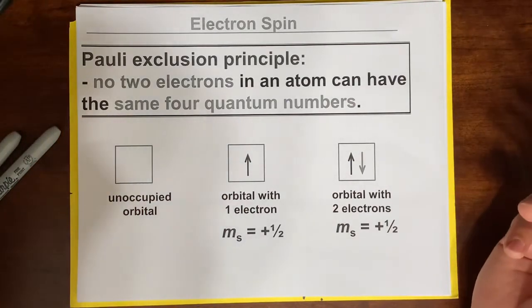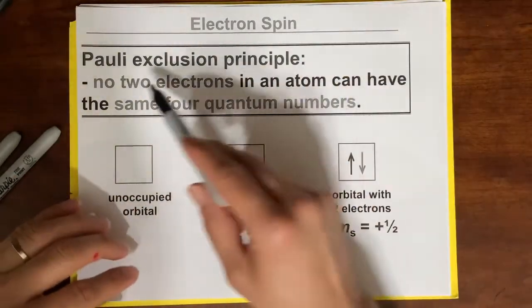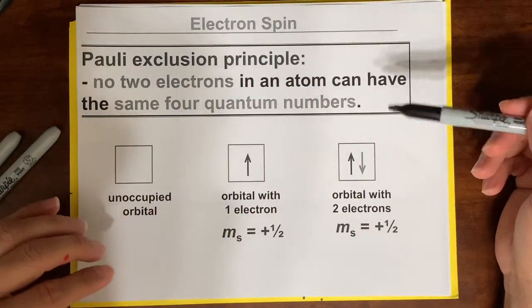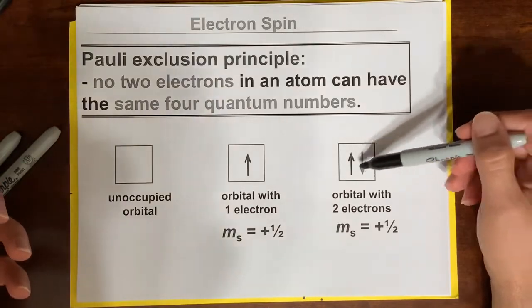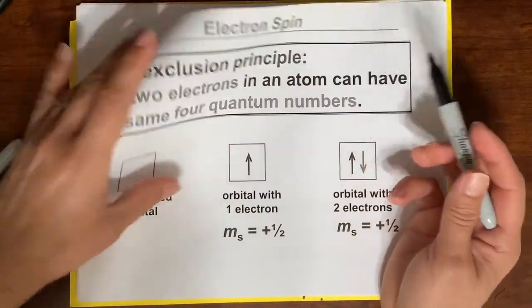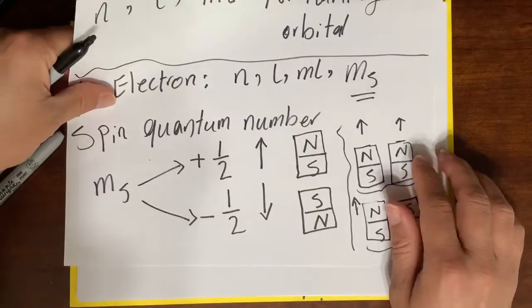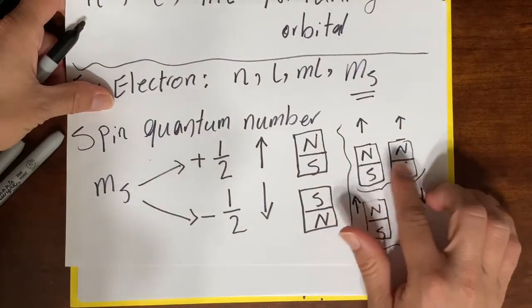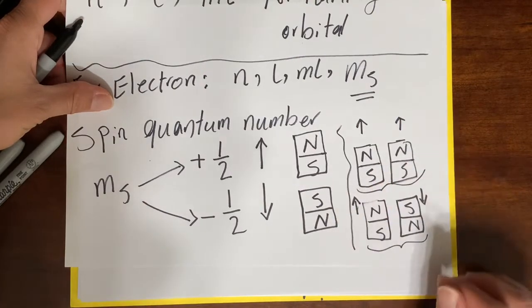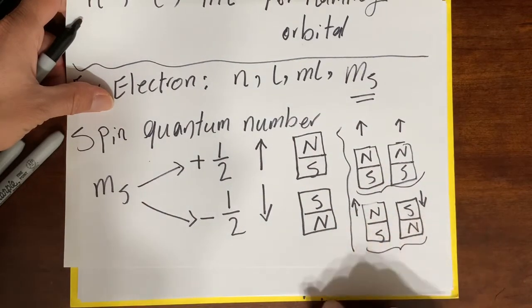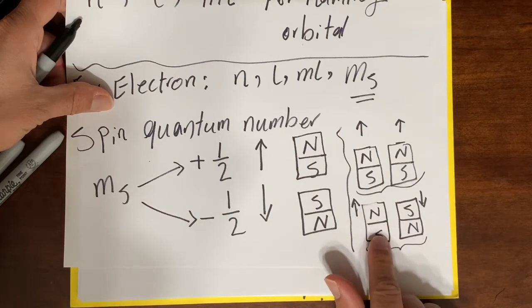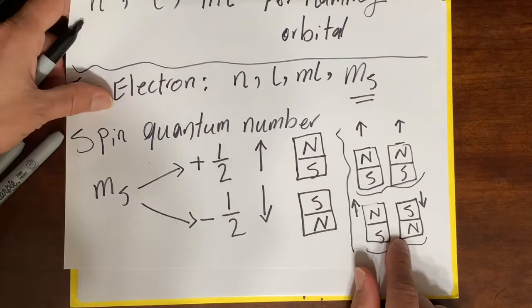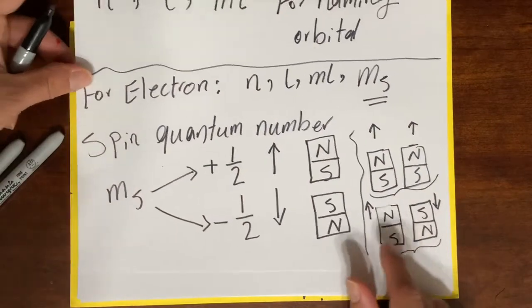A simple way of saying the Pauli exclusion principle is do not pair 2 electrons with the same spin. Why? Because you will have 2 magnets with north-north in front of each other and south-south close to each other, and those 2 magnets will repel each other. If you flip them, north will see south and south will see north, so they will attract each other. That's the reason behind it.